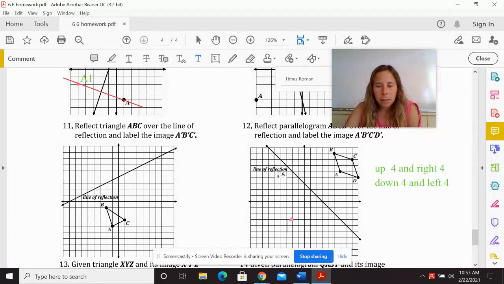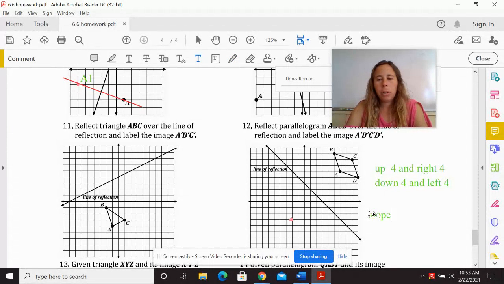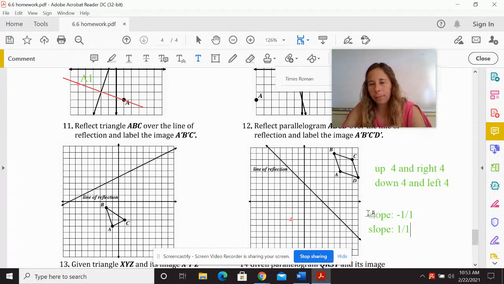You also could find the slope of your line of reflection. I'm going down 1 over 1, down 1 over 1, down 1 over 1, down 1 over 1. Okay, so the slope of my line of reflection is negative 1 over 1. So then the slope of my new line would be positive 1 over 1.